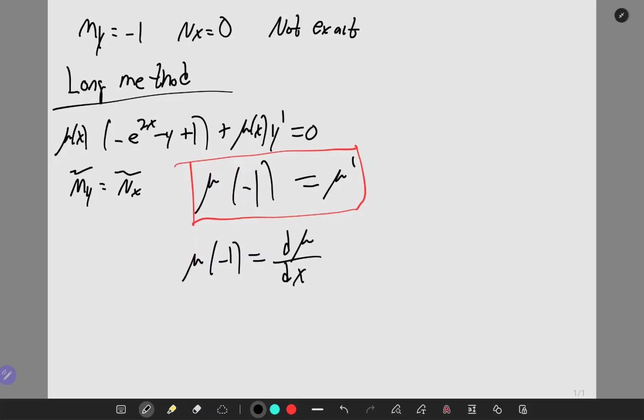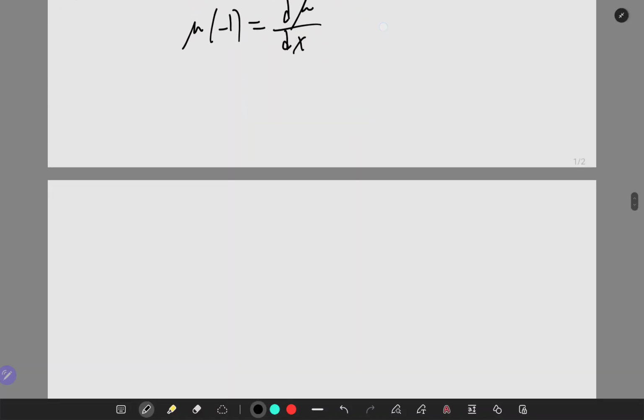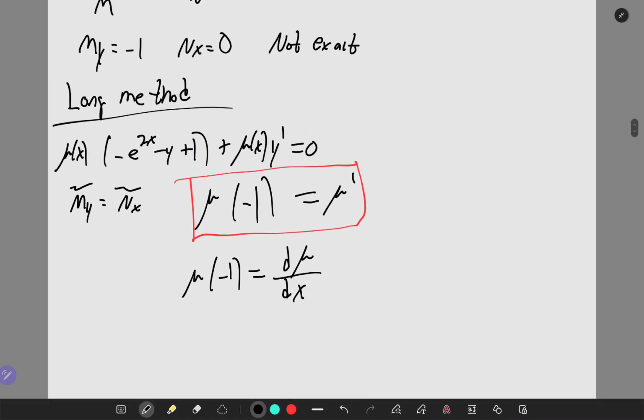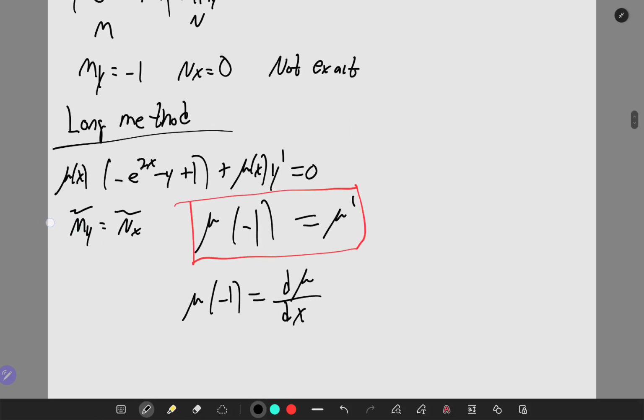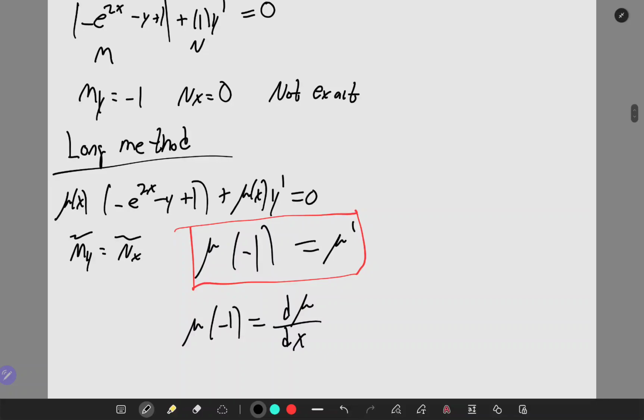Let me think about this really quick. This is number 19, right? Let me think about this. What I have here is right.